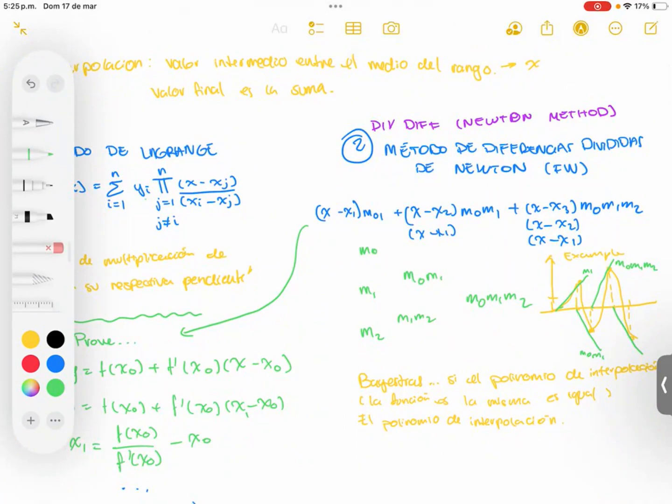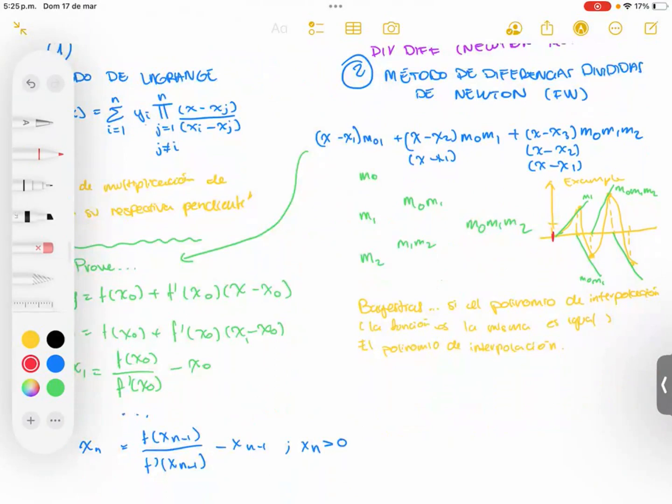Thus, what he created was an idea for just computing the divided difference. This means that what he looked to do was, based on a certain approximation, on a certain point, create the tangent instead of getting the Lagrangians.